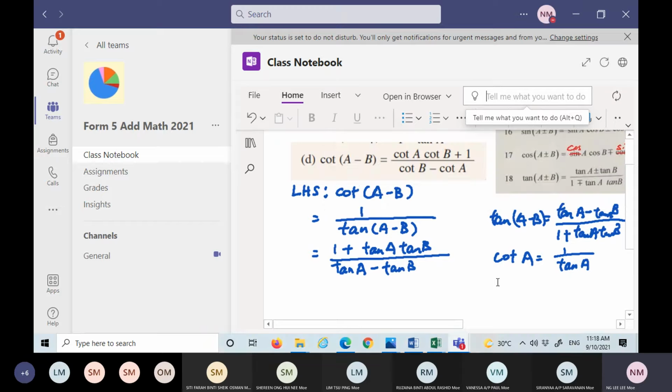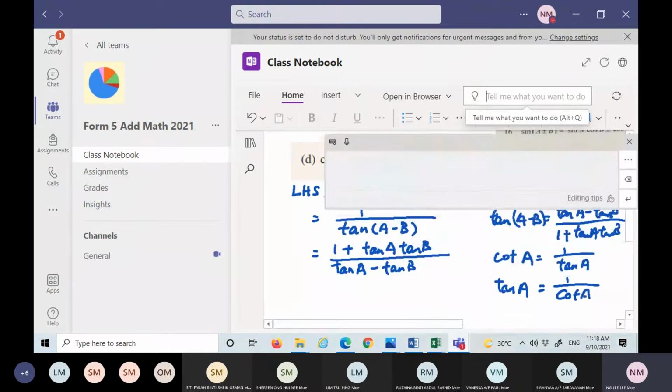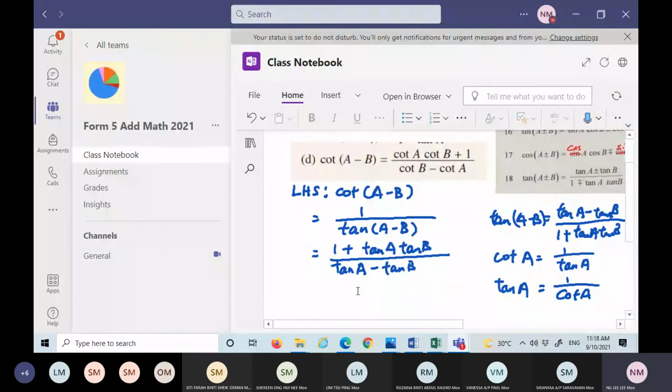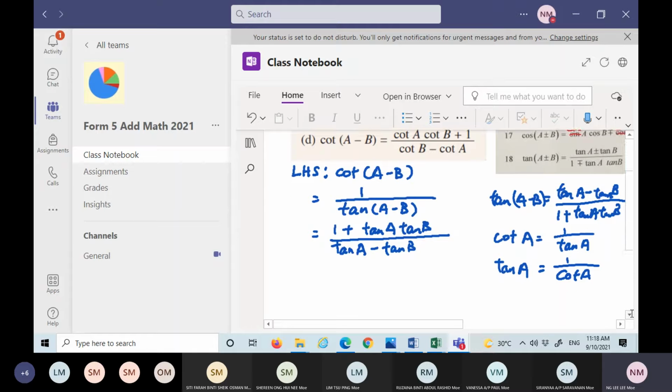This one means that tangent A is equal to 1 over cotangent A. So all this tangent A, I'm going to change it to become 1 over cotangent A. Tangent B, change it to become 1 over cotangent B. Okay, for all. So only it will fulfill the right hand side one, because all is cotangent, no more tangent. Okay, so this is my next step.